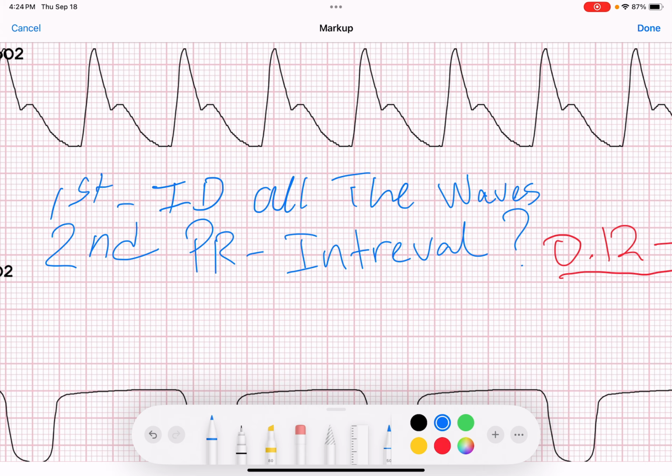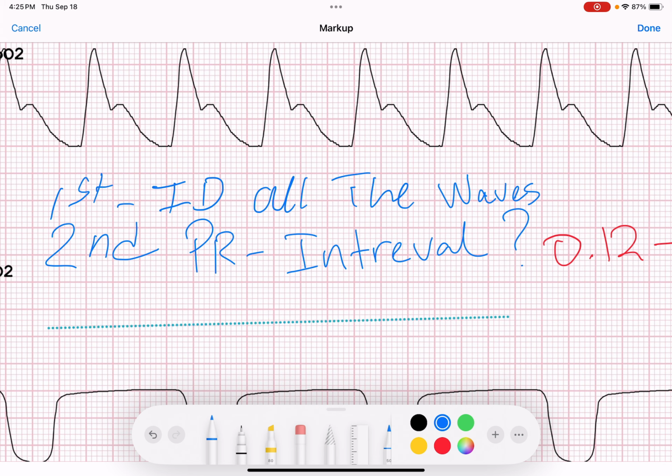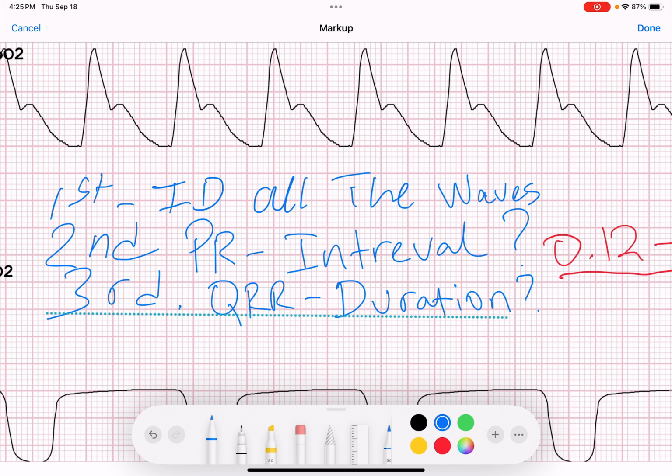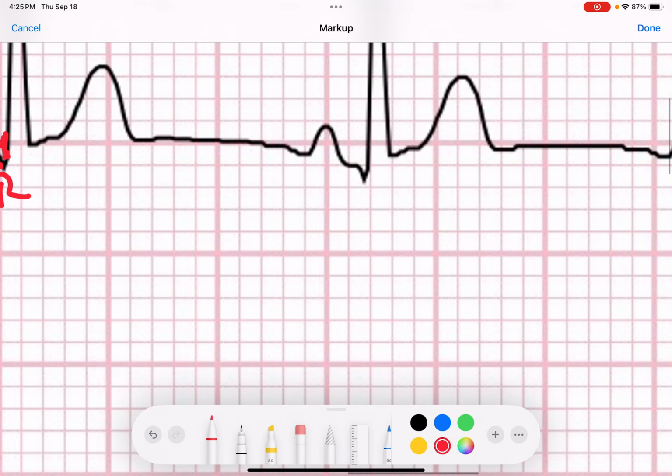Now, let's go back right here. Your third: your QRS duration. What is our QRS duration? That should be under what? 0.4. We should know that by now. 0.4 seconds. And that should equal what? Right about here. 1 little box.